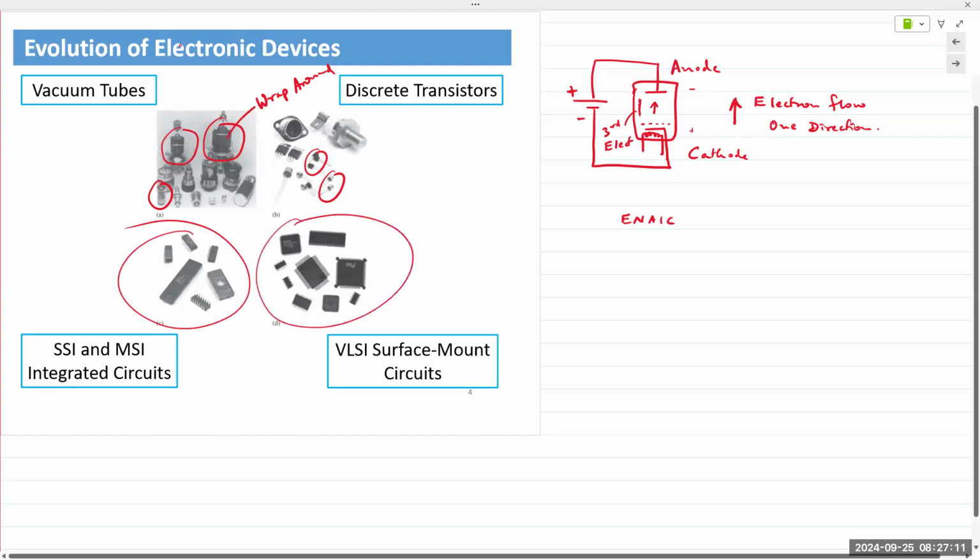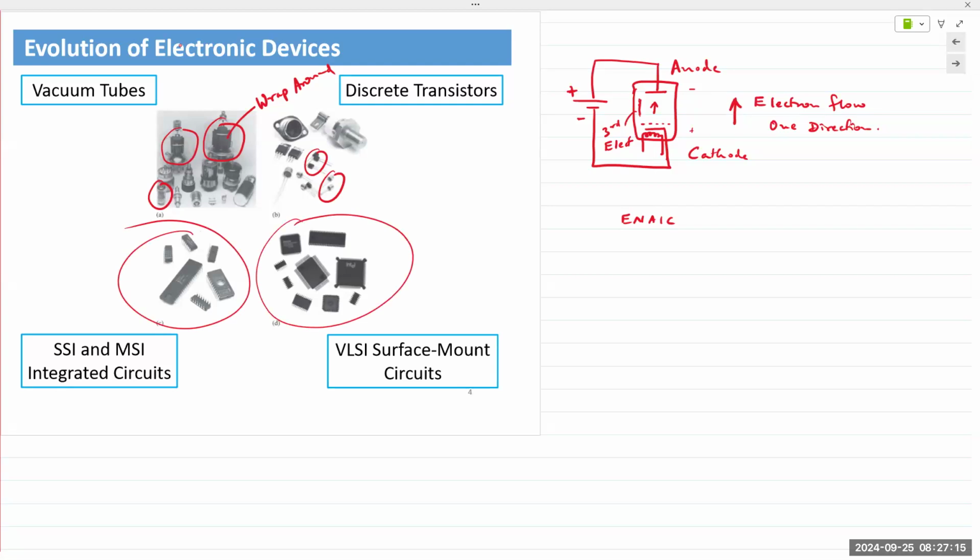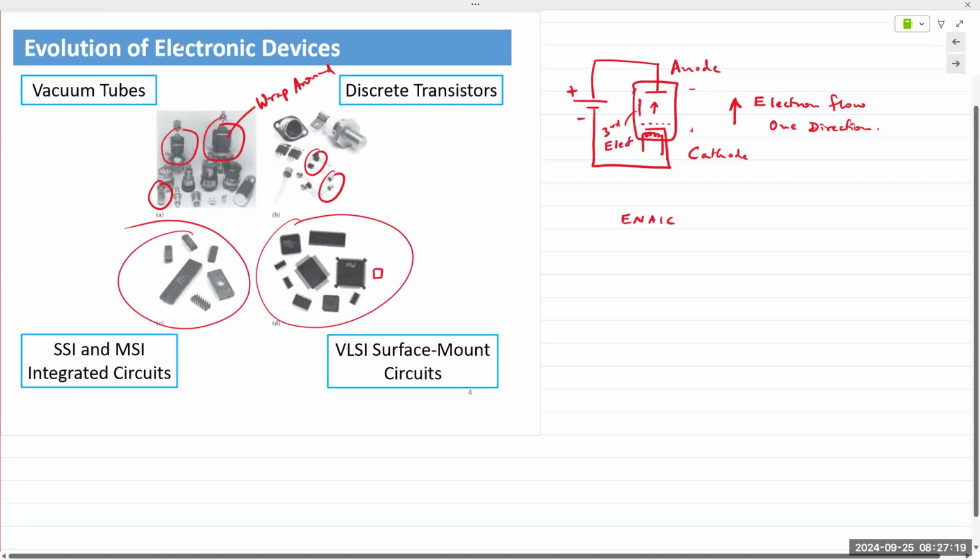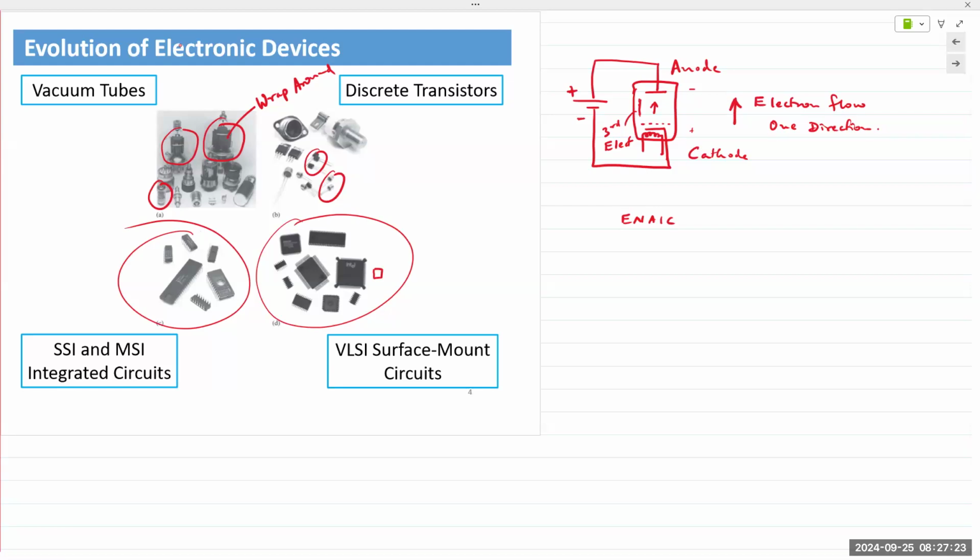These, by the way, are simply the packaging. The actual chip inside it is probably this small. Probably not even that big, far smaller than that. It's incredible how much we can fit onto an integrated circuit by using modern day fabrication technologies.